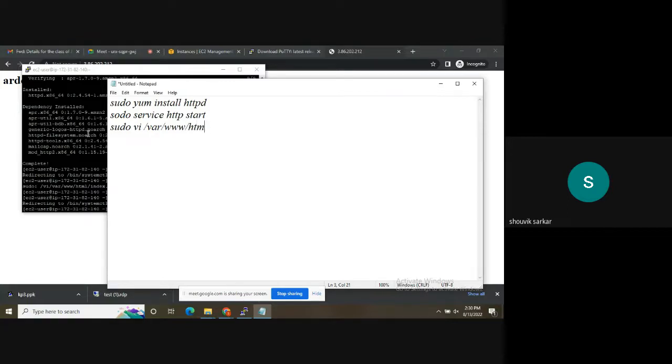html folder, we need to create the index.html file, and within that we need to write the HTML code. If you want to go with insert mode, press I for insert mode. Now write down the HTML code here.